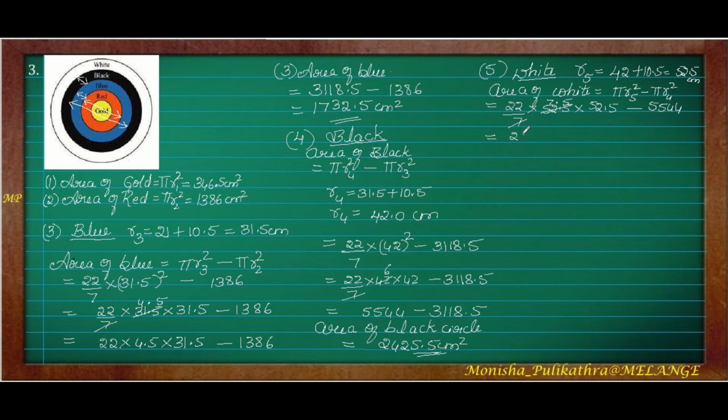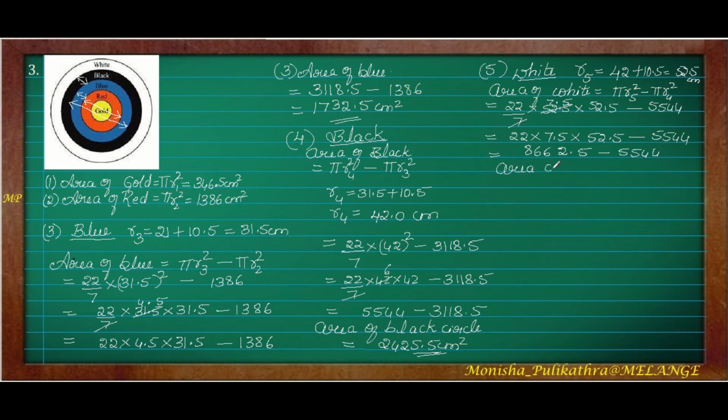So you will get 22 into 7.5 into 52.5 minus 5544. When you multiply that, you will get 8662.5 minus 5544.